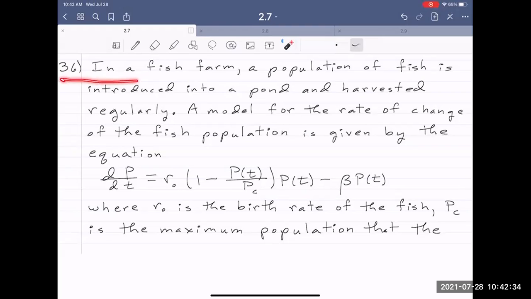Problem 36. In a fish farm, a population of fish is introduced into a pond and harvested regularly.